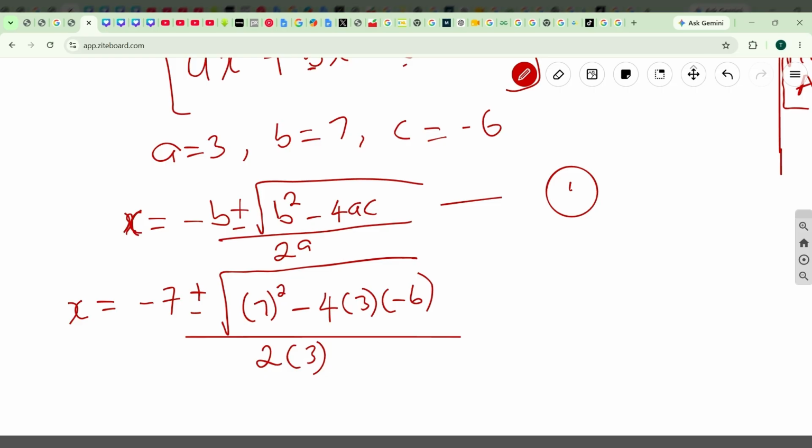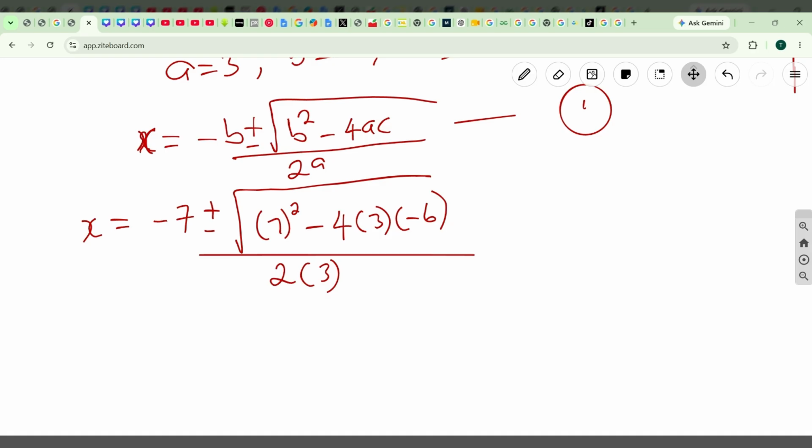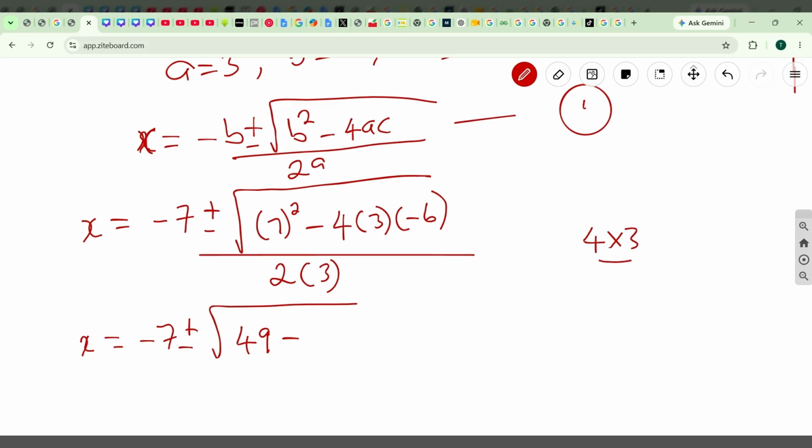So you can just take this step by step, just simplify this. It's nothing difficult. So x is equal to negative 7 plus or minus the square root of 7 squared, which is 7 times 7, which is 49, minus 4 times 3 is 12, and then 12 times 6 is 72.